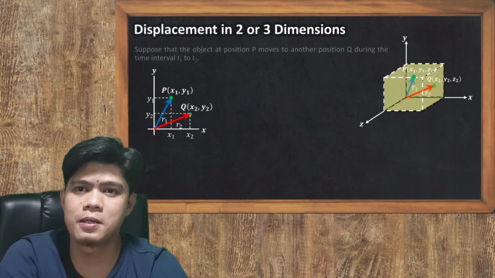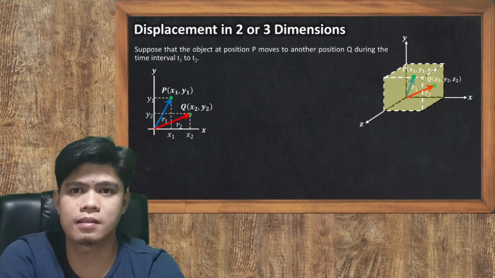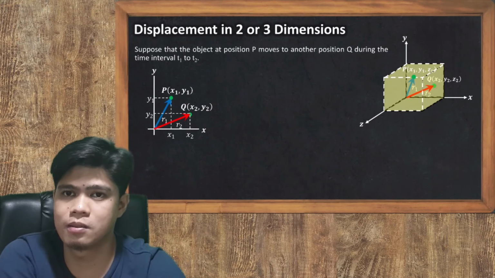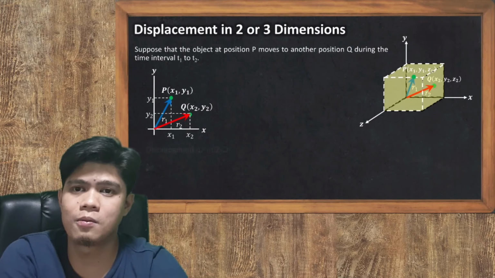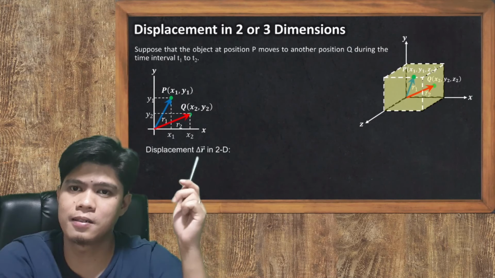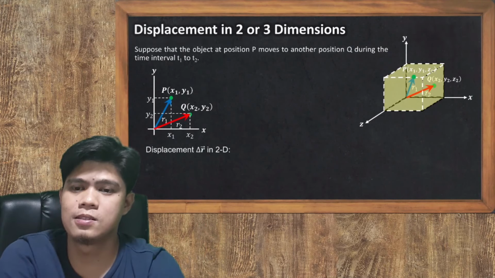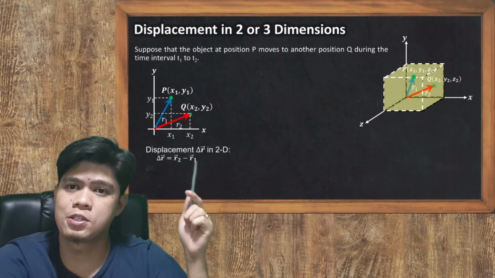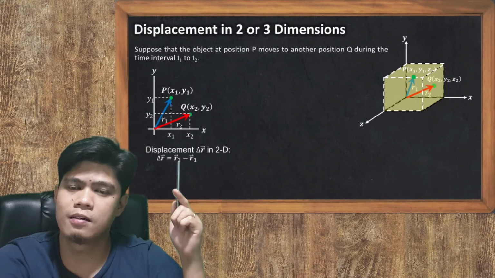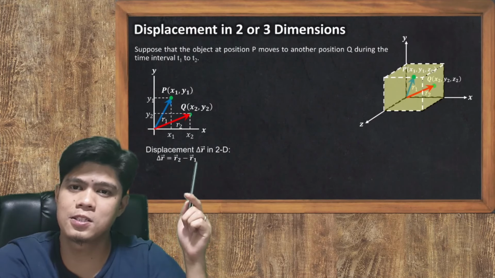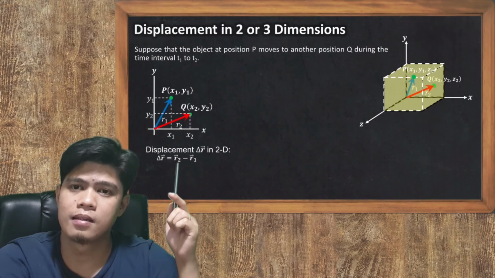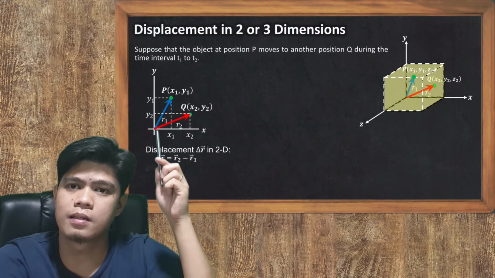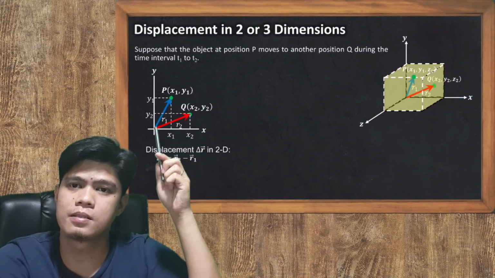Now in 2 or 3 dimensions, suppose that an object moves from point P to point Q during a time interval t1 to t2, then our displacement delta r in 2 dimensions is just equal to the difference of the position vectors. So instead of x final minus x initial as in rectilinear motion, we have the position vector r2 minus r1.